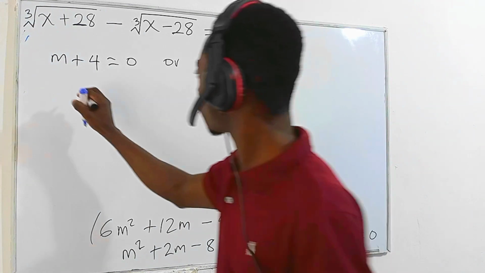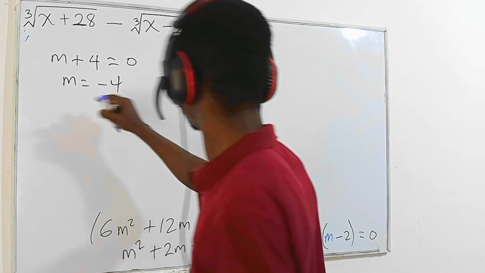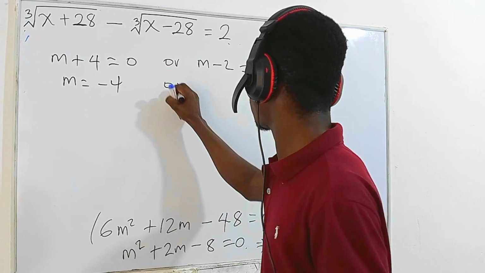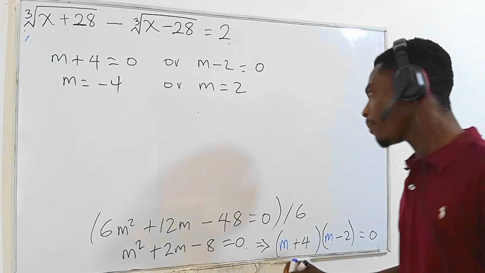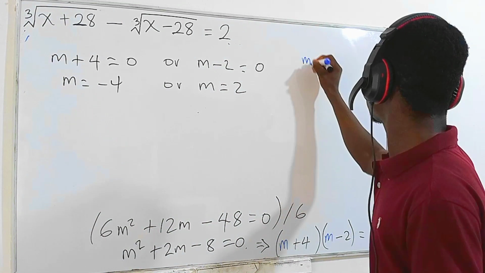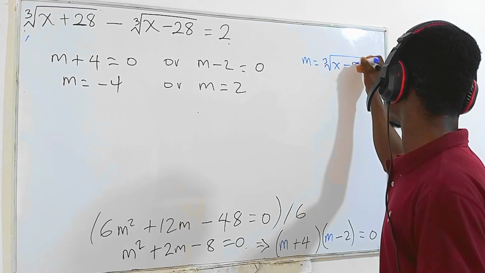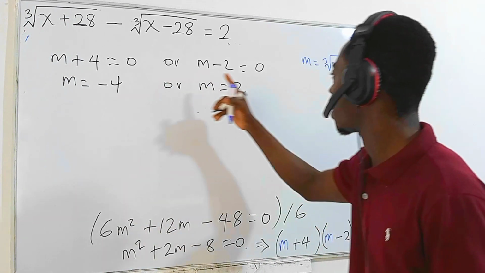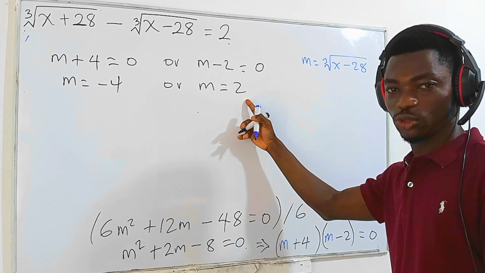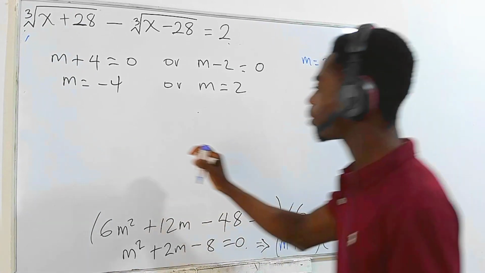From the first equation, we have m is equal to negative 4, if we subtract 4 from each side, or from the second one, we have m is equal to 2. But remember, initially we let m be equal to the cube root of x minus 28. So now that we know m is negative 4 and positive 2, we can replace m with these values.